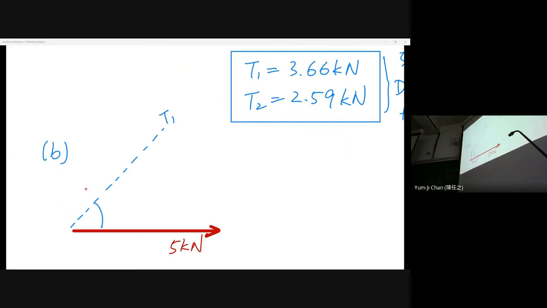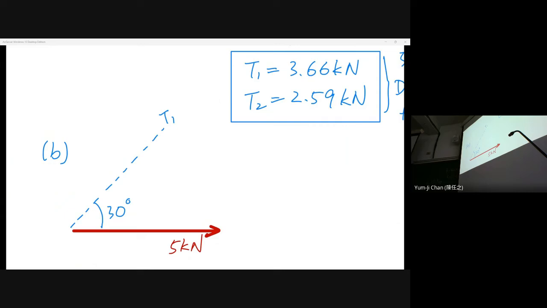What's this angle? Okay, so this is 30 degrees. We don't know the magnitude of T2, and we don't know the angle of T2 either.